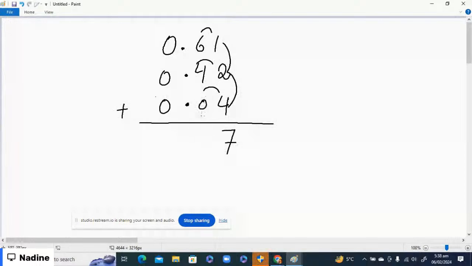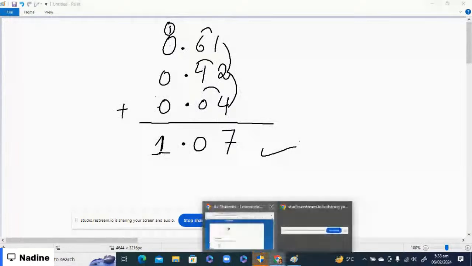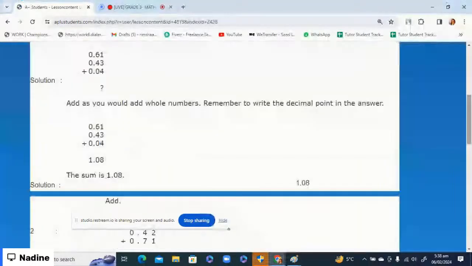It's 10. So you're putting 0, then here is the point, and 1 goes up. So 1 plus 0 plus 0 plus 0, it's 1. So your answer is 1.07. Let's do the next.